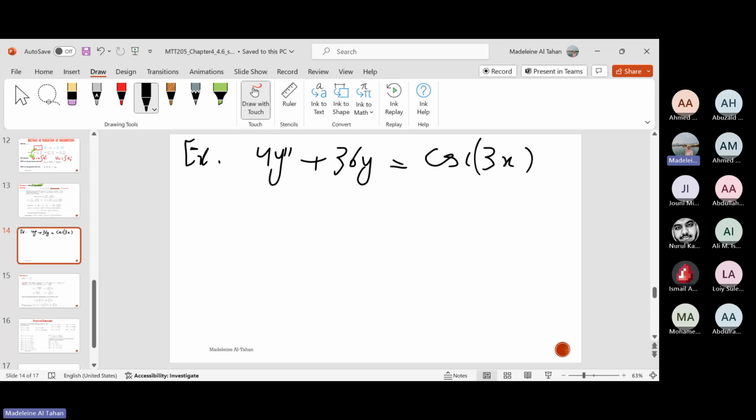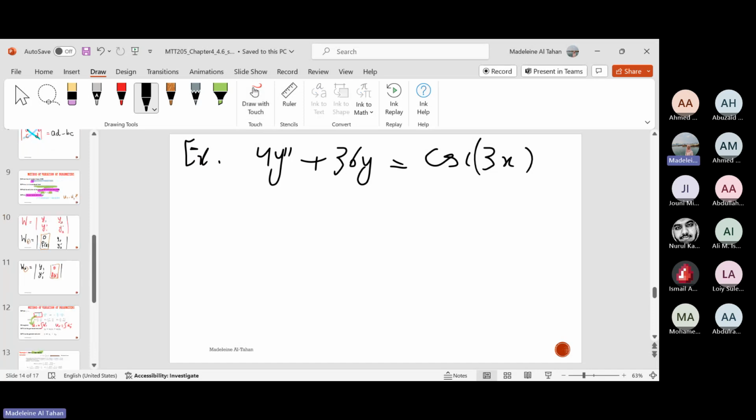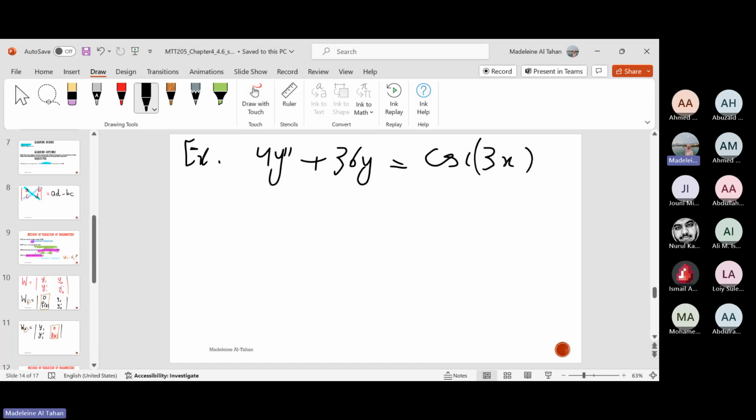So 4y double prime plus 36y equals cosecant 3x. Go back to the steps and write this one. We will go to the steps and do it step by step.